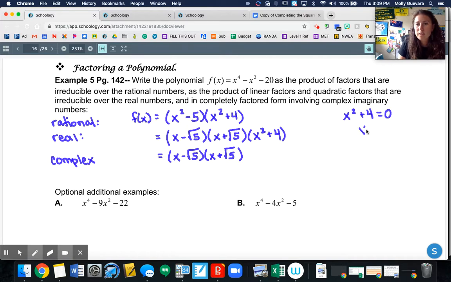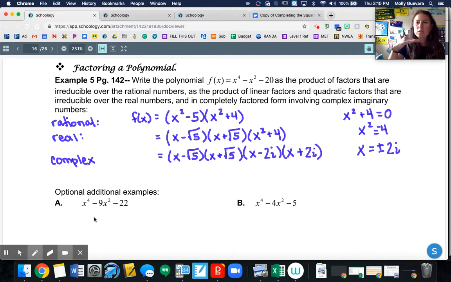That gets me x squared equals negative 4. Square root, and I get x is equal to plus or minus 2i. So then now if I break that down further, I have x minus positive 2i and x minus negative, so plus 2i.